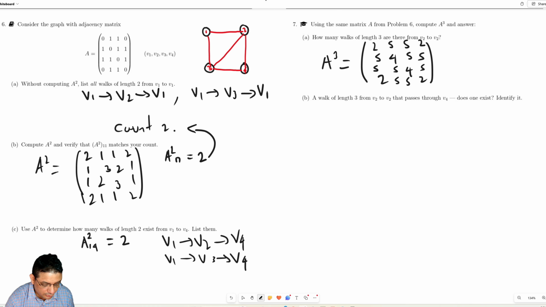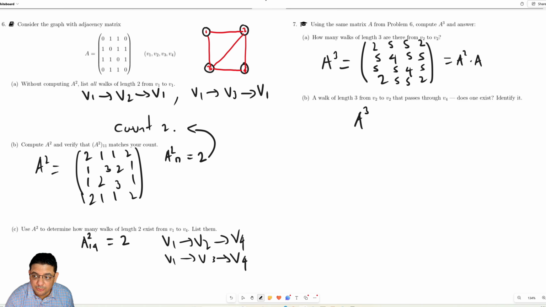Please verify, just compute A squared times A. Particularly, you should be computing this times this, and you should have this result. Okay? So now you want walks of length 3, which means we're using A cubed.